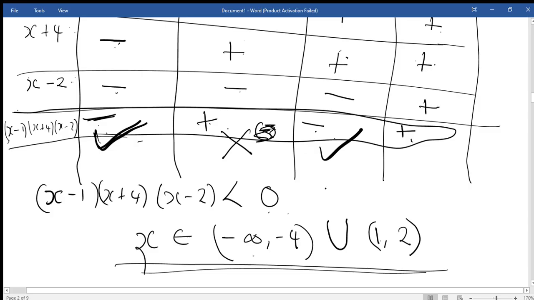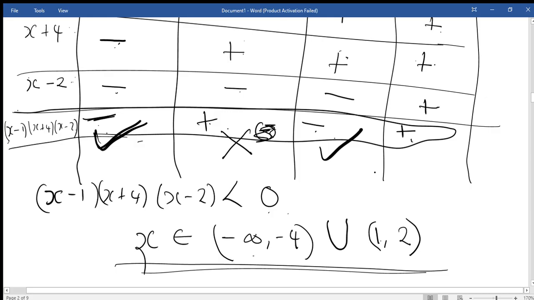So that's a revision question which we solved. You have to know how to use the rational root theorem, and you have to know how to go about polynomial division, how to divide polynomials. At the same time, you have to know how to solve inequality questions involving polynomials.